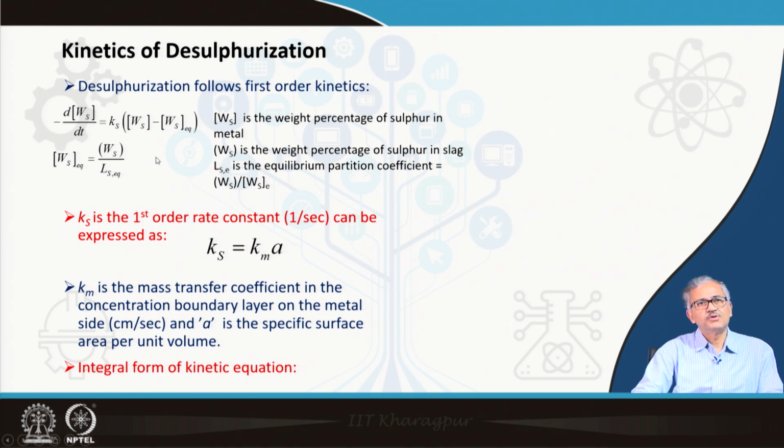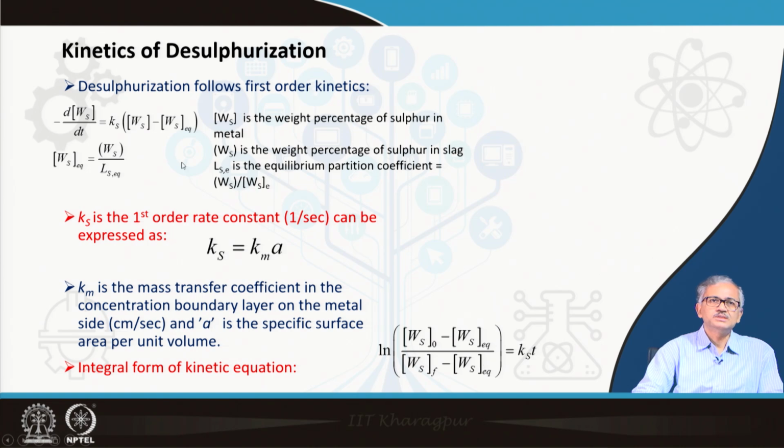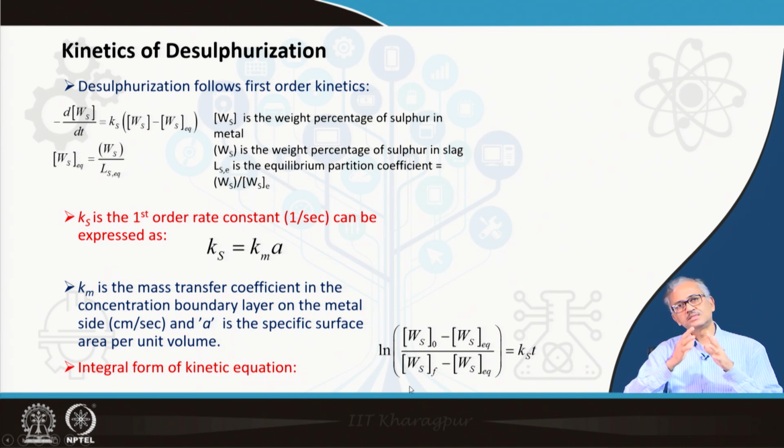And the integral form, if you just integrate this equation with respect to time, then you will get this form, that is ln of (Ws naught minus Ws equilibrium) divided by (Ws final minus Ws equilibrium) is equal to Ks into T. Okay, you have to integrate, keeping in mind that on the left hand side you have a minus sign. So, if you integrate it, you will get this form. Okay. So, this is the integral form of first order kinetics.